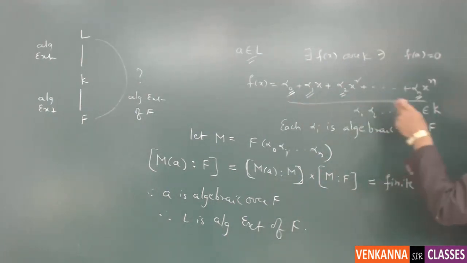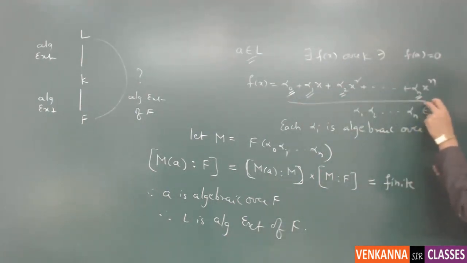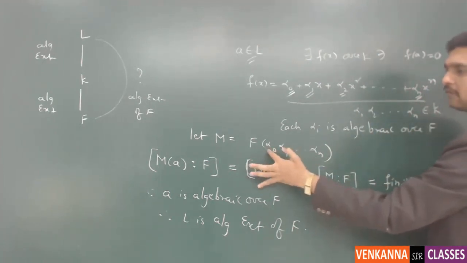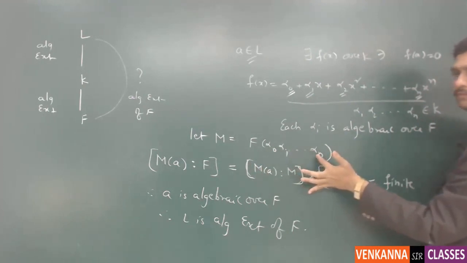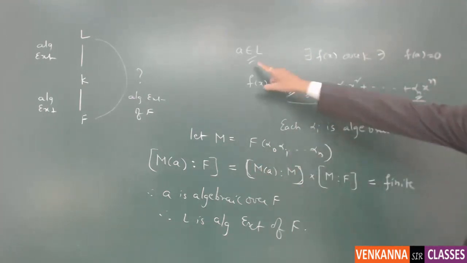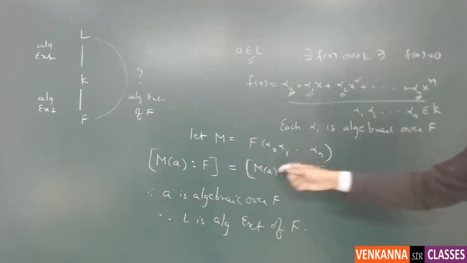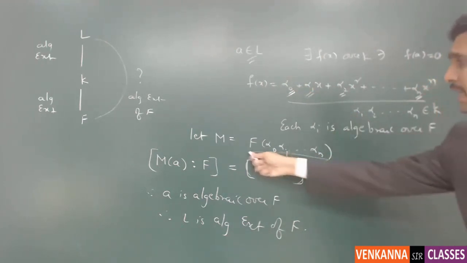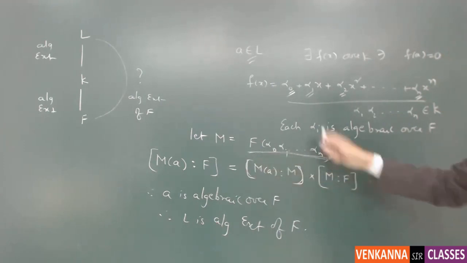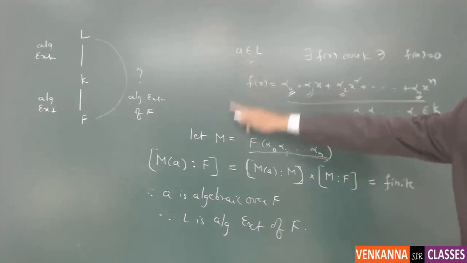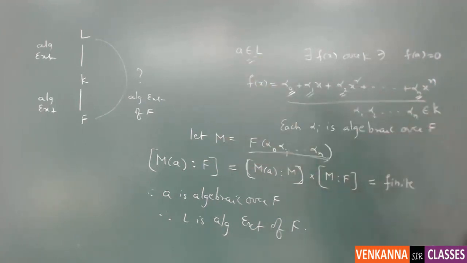All the coefficients in this polynomial are taken as a separate field like this: alpha naught, alpha 1, and so on, alpha n. Since the element A satisfies a polynomial over this field, because this field exclusively consists of the coefficients of this polynomial, A is algebraic over M. So M of A is the corresponding extension of M.